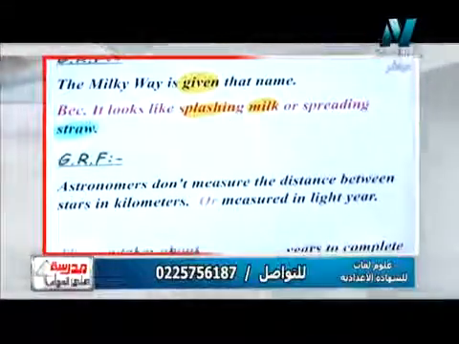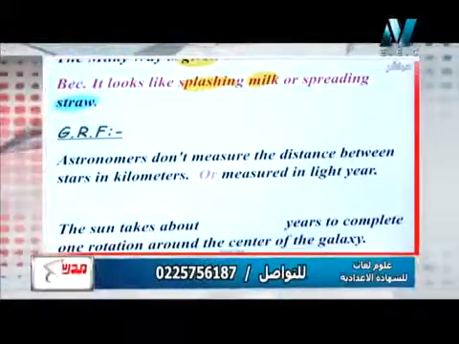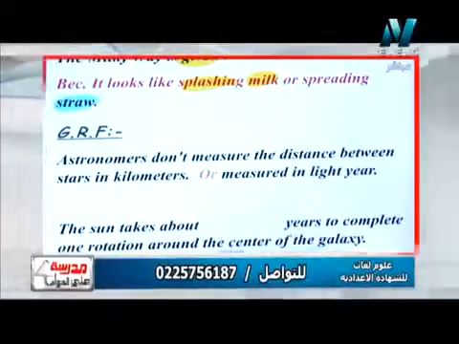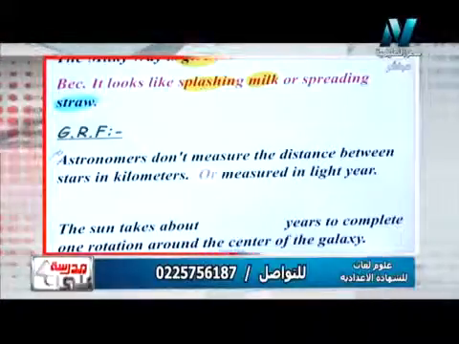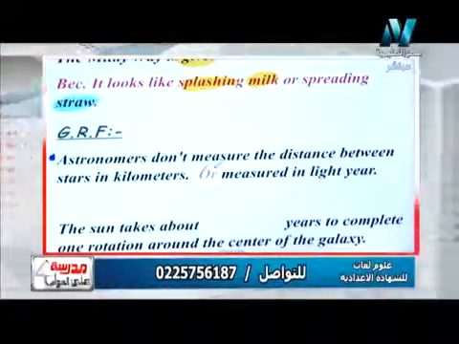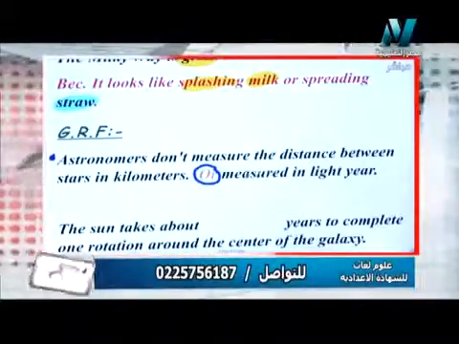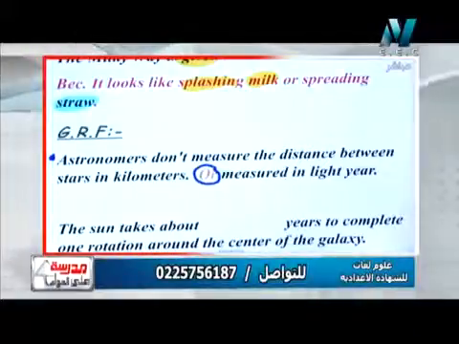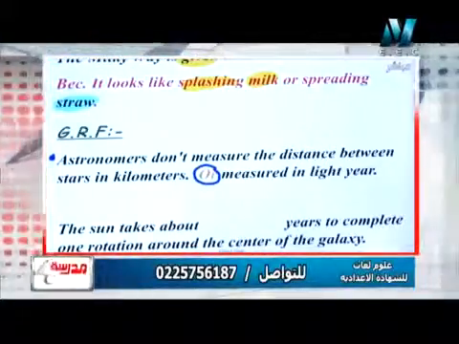We have another give reason, number 4. Give reason: astronomers don't measure the distance between stars in kilometers. Maybe the question comes like that. Or another question: astronomers measure distance in light years, not in kilometers.